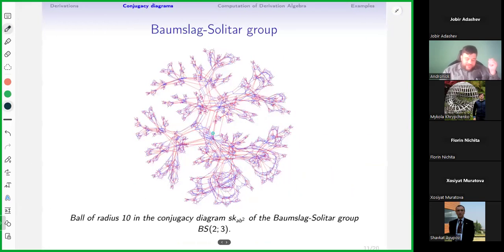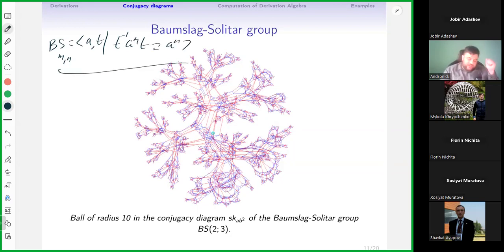And here is a little bit nicer picture. It's the case of the so-called Baumslag–Solitar group, which has a presentation with generators and relations.